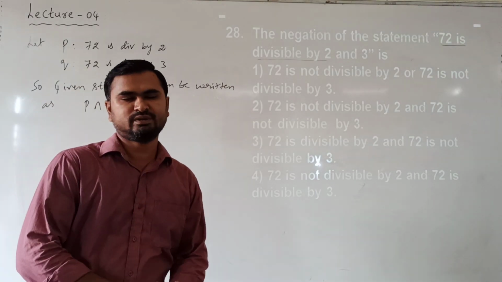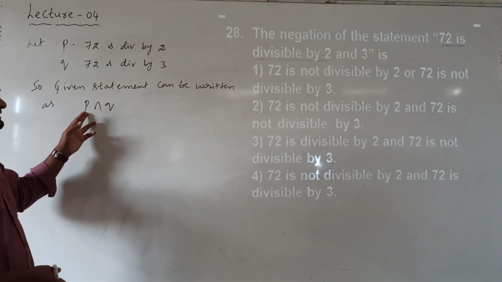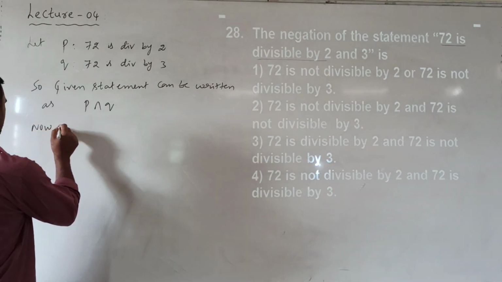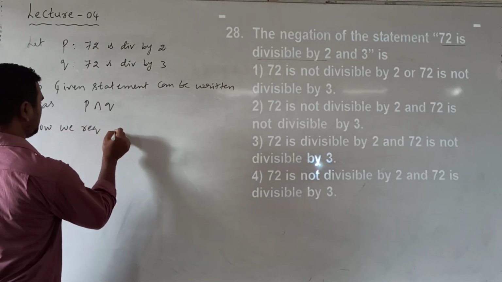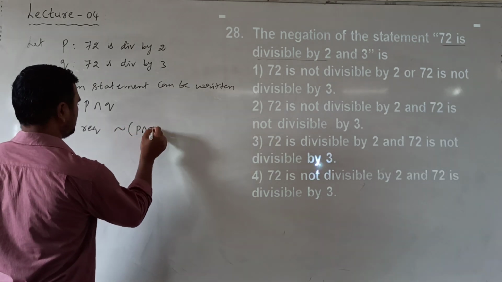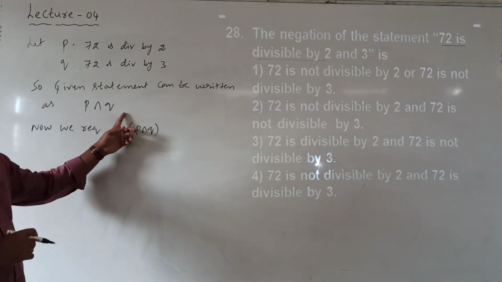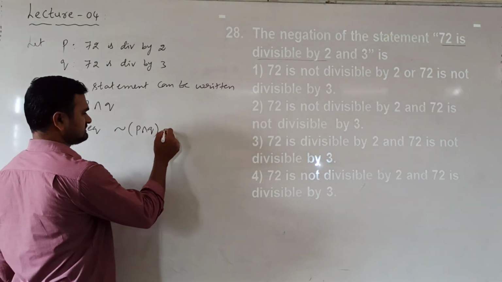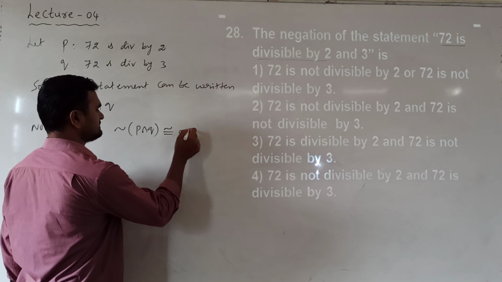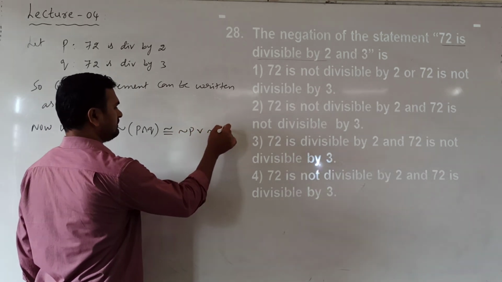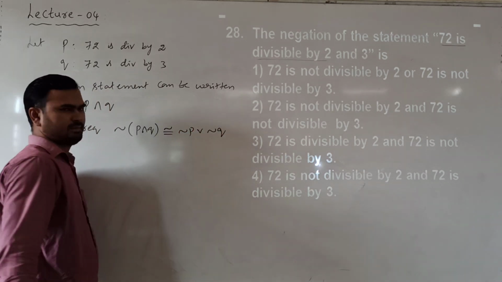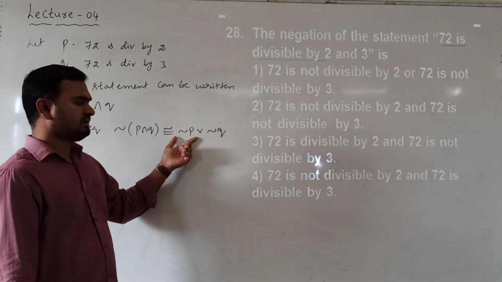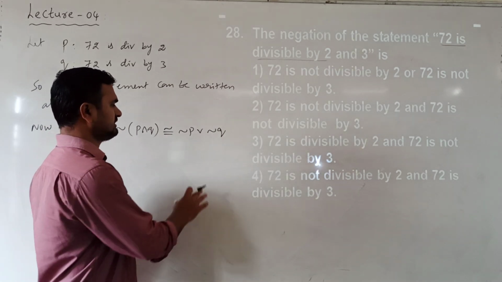Mathematical form is P and Q. Now for this we need a negation. Now again the negation of P and Q, we know it is logically equivalent to negation P or negation Q.